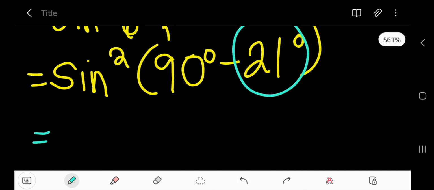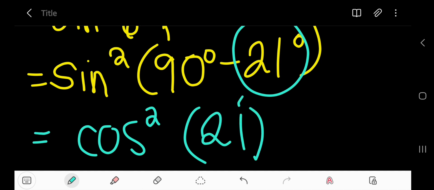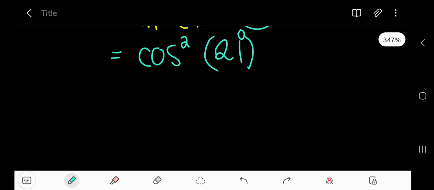So now this is the exact same thing as cos squared of 21 degrees. But remember, we have cos 42, so let's leave it here for this one.